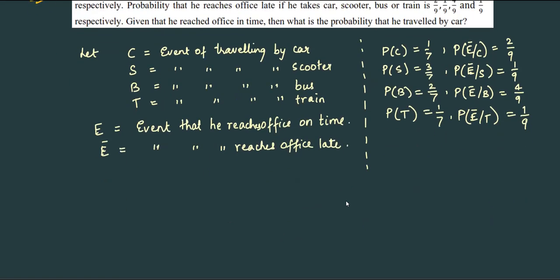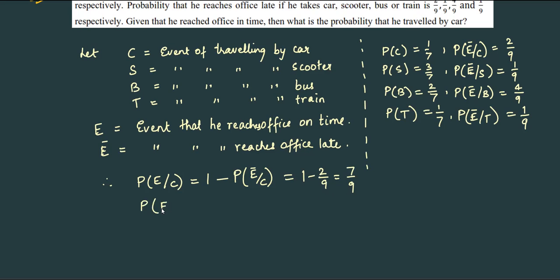But what do we want? We want the event of his reaching on time. This is important. Therefore, probability that he reaches on time given he has gone by car will be 1 minus probability that he reaches late given that he has gone by car. So it's a complementary event. This is 1 minus 2/9, so 7/9.